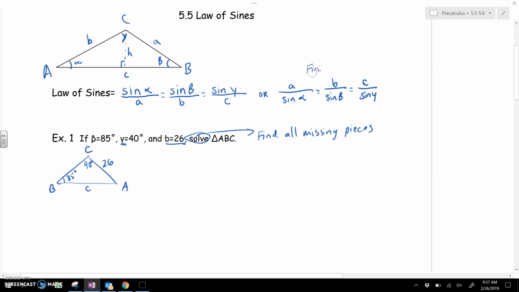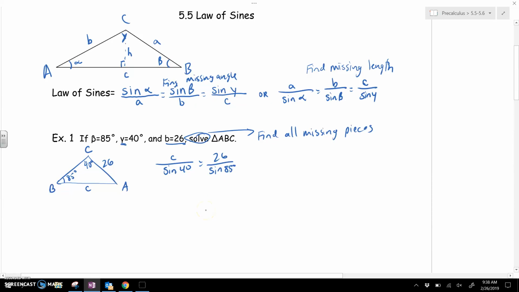This is the form I want to use to find a missing length, and I use the other form when I find a missing angle. It doesn't really matter. So I'm going to do little c over sine of 40 equals 26 over sine of 85.